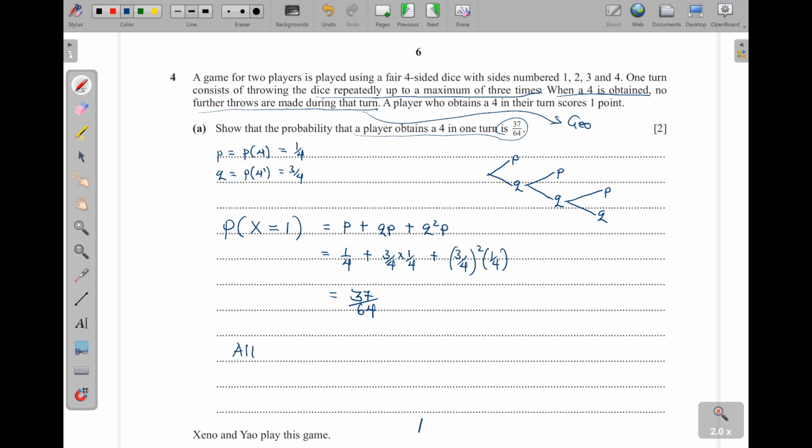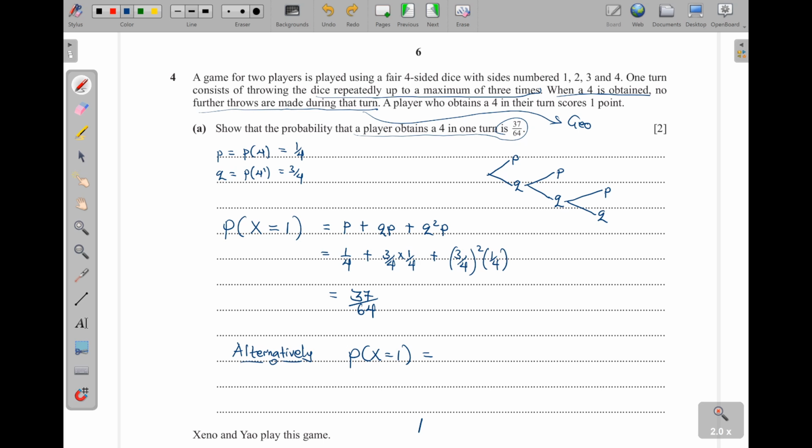Alternatively, I can use another option. You look here. My probability of x equal to 1 is going to be, remember I took this option p, then qp, and then q squared p. Now, do you realize that this option here is not taken into account? The 3 q's.